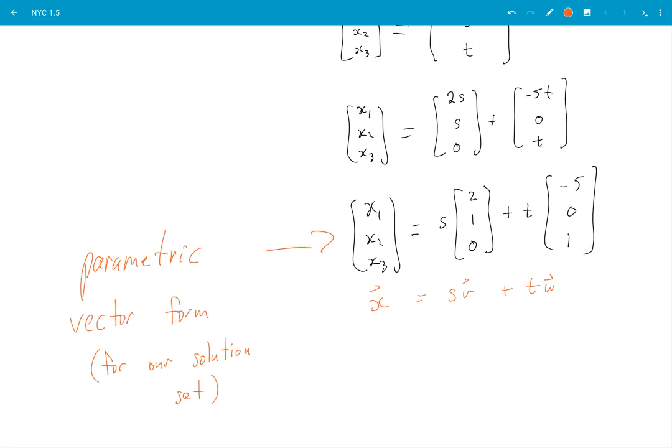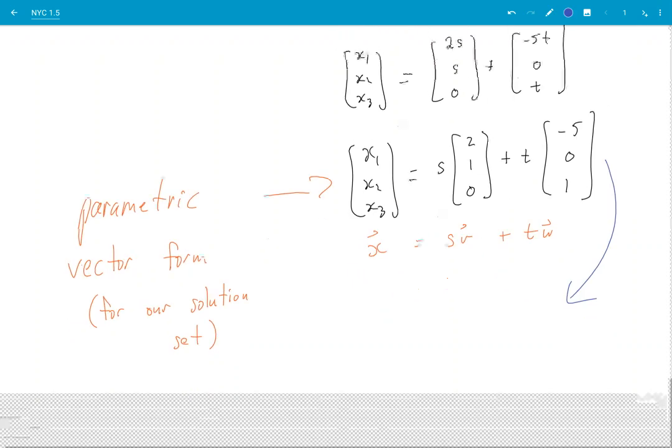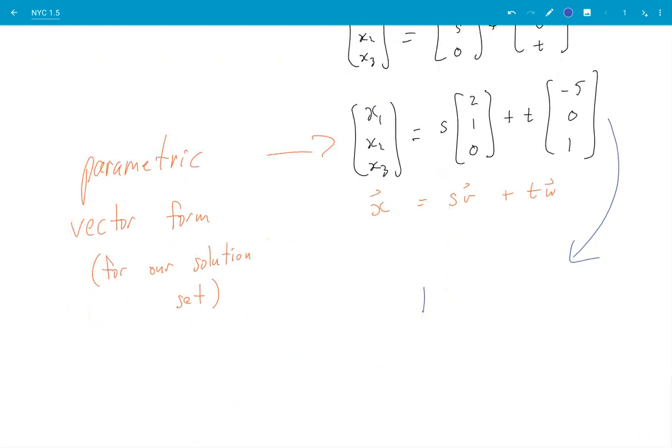So it gives a description of all the solutions to the original system, and it gives it in terms of something visual, right? This is the plane through, well, you'll notice here there's no vector u like we had above.